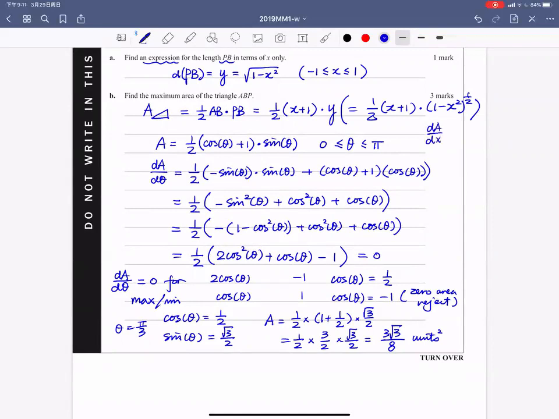But it may involve more arithmetics or more potentials to make mistakes. So that's just why I'm using simple functions like cos and sine. But definitely you need to know your identities, okay? Sine square can be re-expressed as 1 minus cos square. All right.